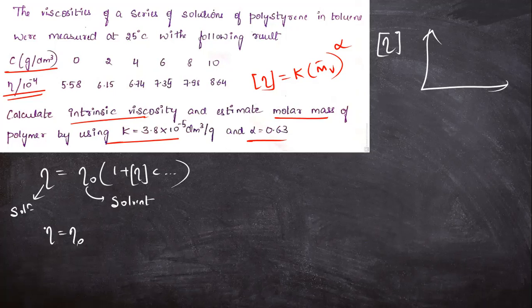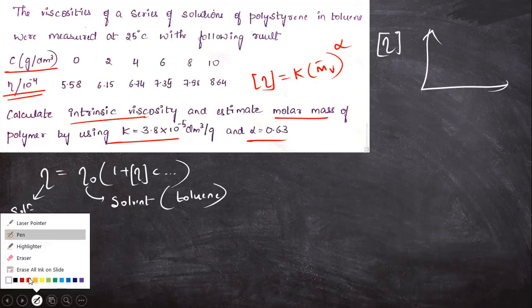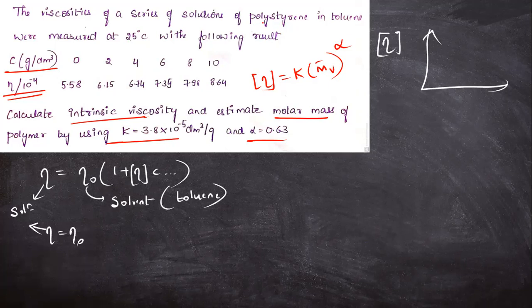Okay, viscosity of the solution will be equal to viscosity of the solvent. Here मान लो solvent, which is taken as toluene, right? In the starting case we haven't added any polystyrene.